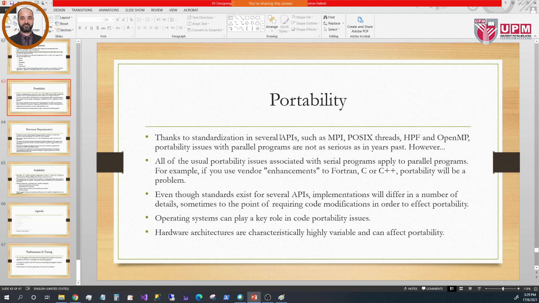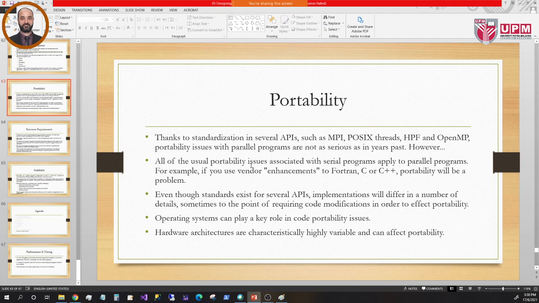So portability now, what does it mean? It means we can take our program and run it on multiple machines or multiple technologies, like on a Linux machine or Windows machine or Unix machine or whatever. So this is the portability.